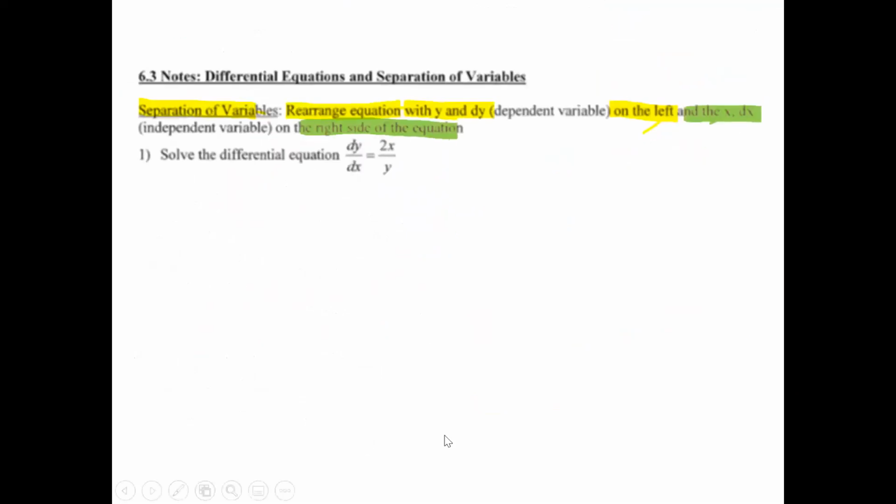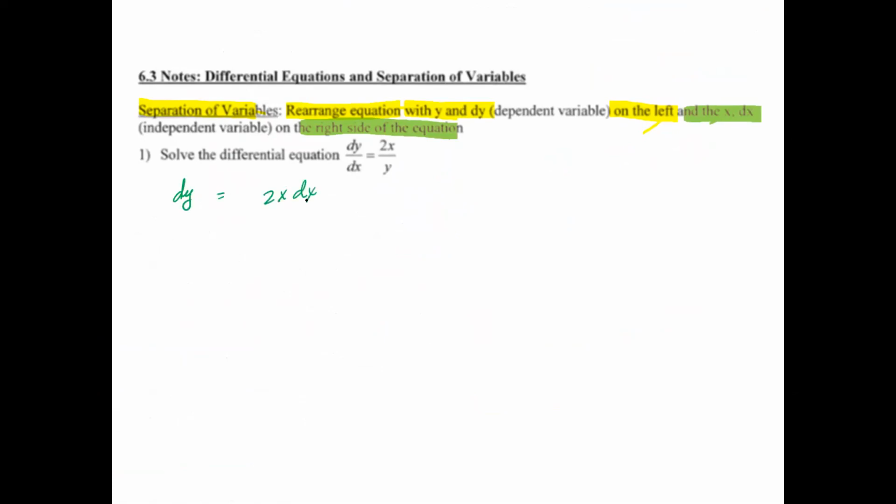All right, let's take a look at the first one then. We're going to solve and separate this first. So let's do the dy's on the left, multiply the dx's on both sides.